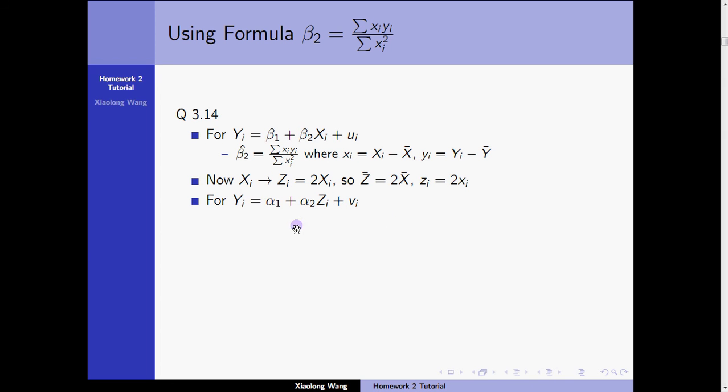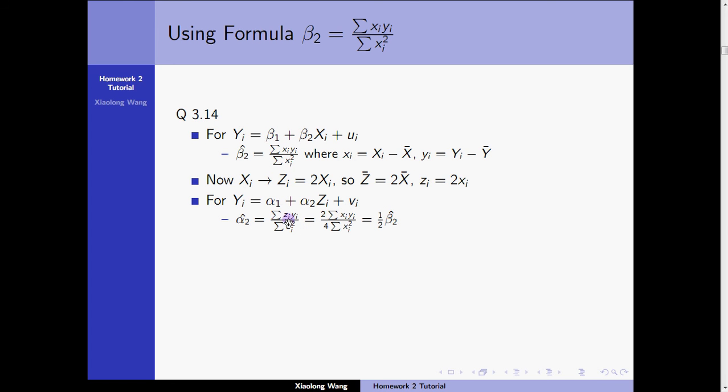Now if we run a regression of yi on zi and then apply the formula again to calculate alpha 2 hat, we can see that alpha 2 hat equals the summation of zi times yi over the summation of zi squared.